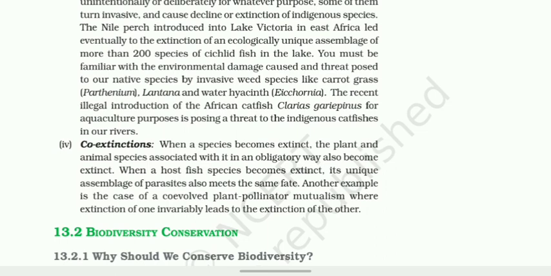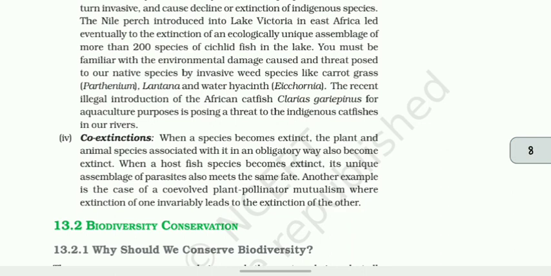You must be familiar with the environmental damage caused and threat posed to our native species by invasive weed species like carrot grass, lantana, and water hyacinth. The recent illegal introduction of the African catfish, Clarias gariepinus, for aquaculture purposes is posing a threat to indigenous catfishes in our rivers.